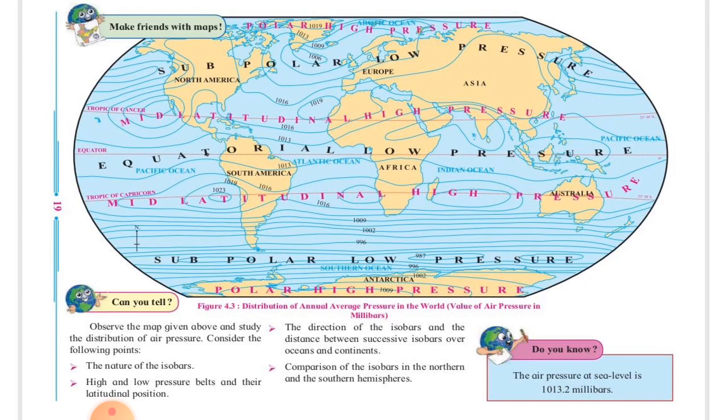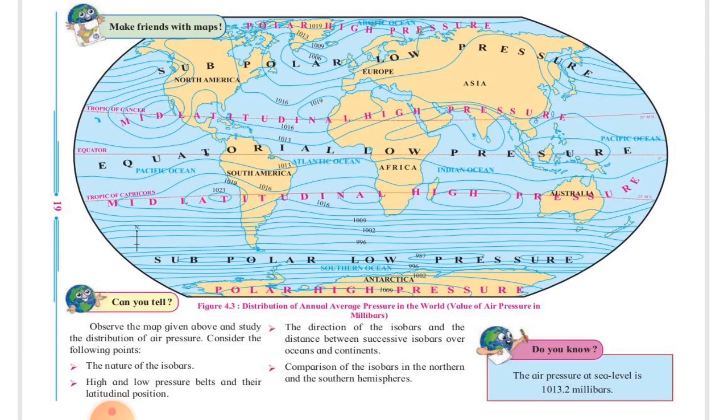Dear students, now can you tell? Here you can observe the figure, that is 4.3, distribution of annual average pressure in the world or value of air pressure in millibars.